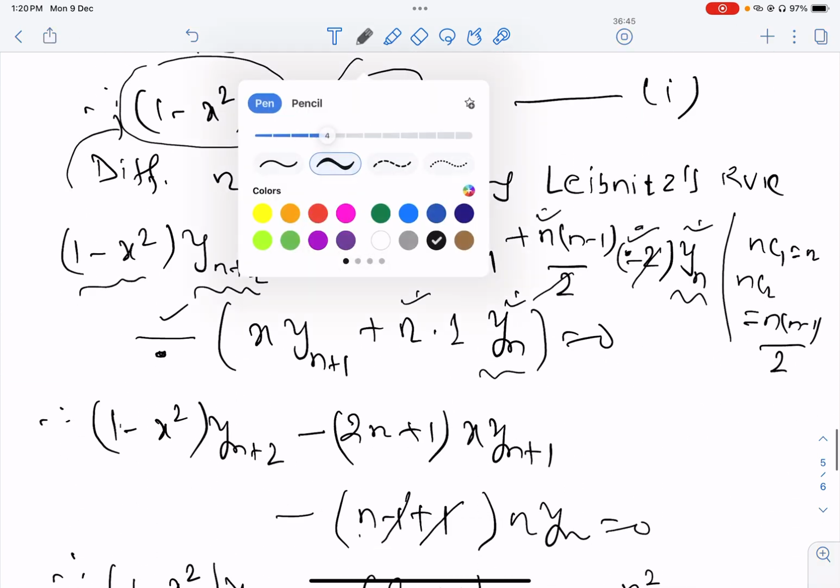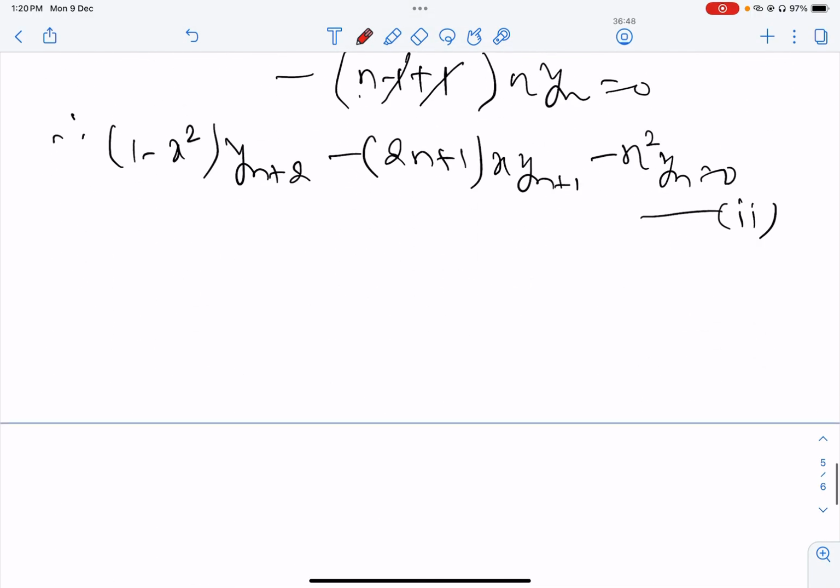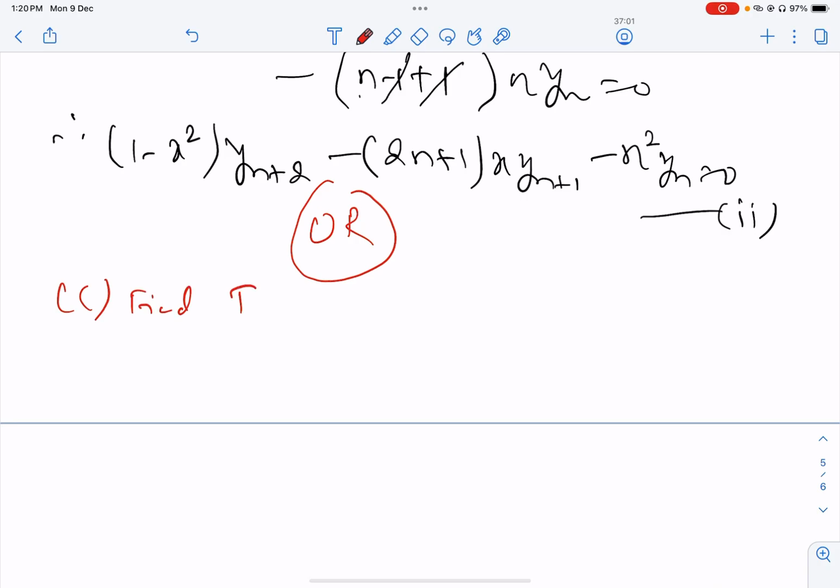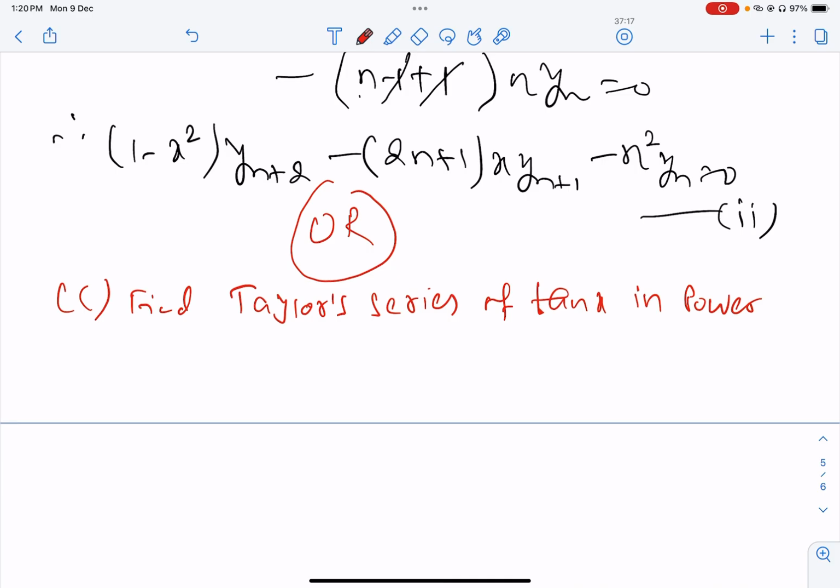Okay. Now here we have one more question in OR, and it is like this. Find Taylor series of tan x in powers of x minus pi by 4.